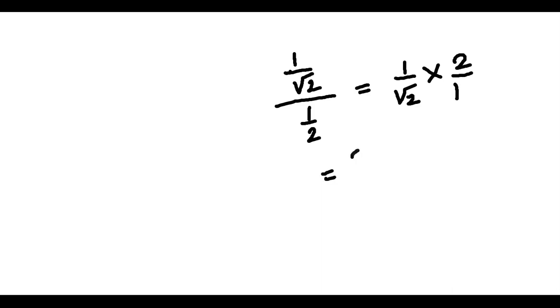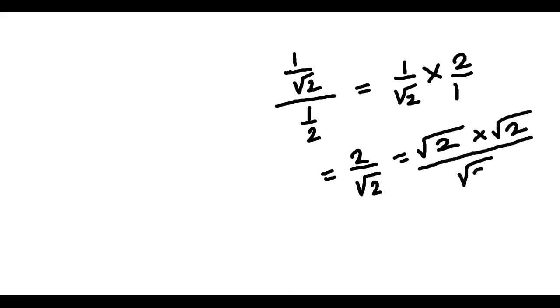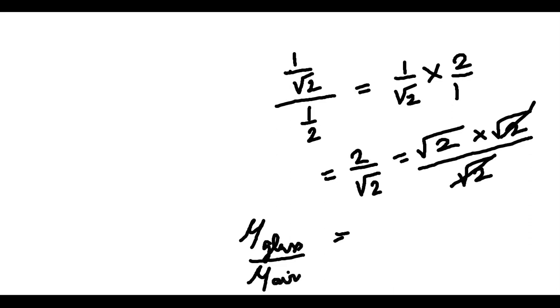So further it becomes 2 upon square root of 2, and this 2 in the numerator can be written as root 2 multiplied by root 2, whole divided by square root of 2. Finally, this root 2 cancels and you have mu of glass divided by mu of air equal to square root of 2.